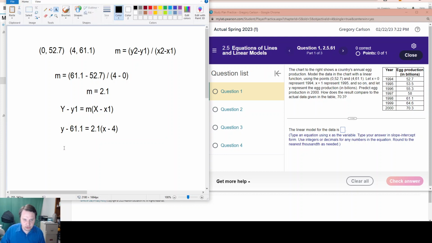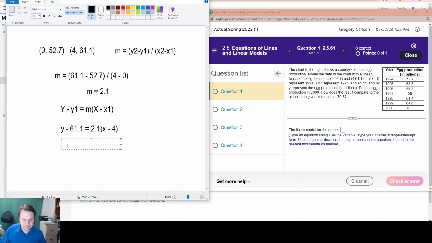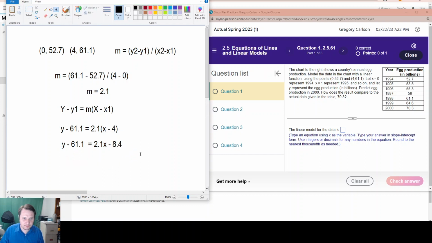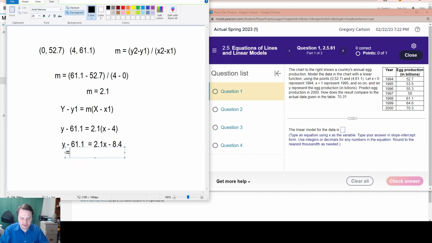So now we just need to solve this for y. So do the distributive property. Leave the left alone. Y minus 61.1 equals 2.1x minus 8.4 by distributing the 2.1. And then we just need to add the 61.1 on both sides. And so we'll get y equals 2.1x plus, and then we just need to do this calculation real fast.